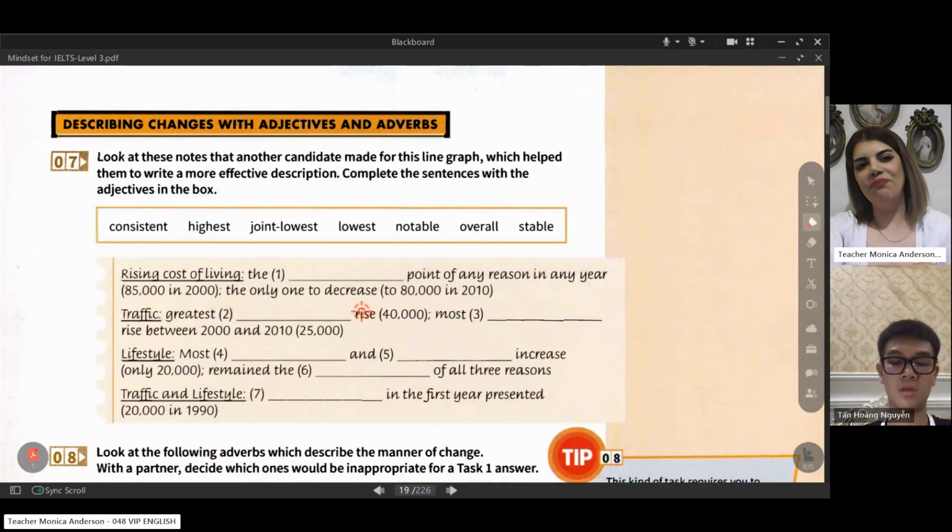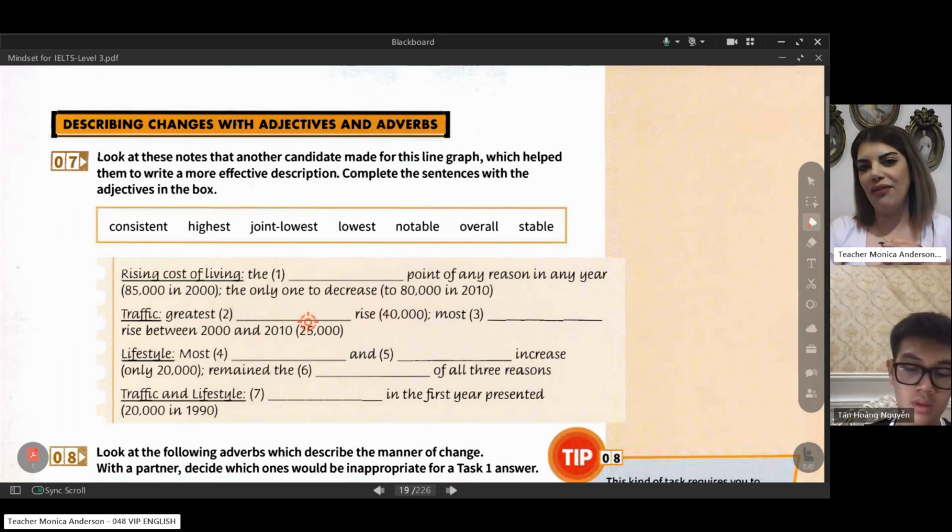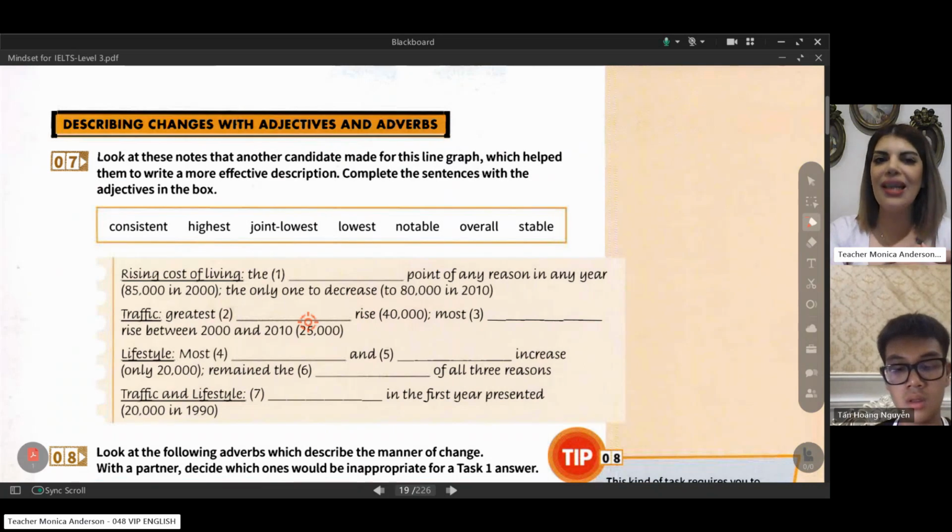Well, now look at these notes that another candidate made for this line graph, which helped them to write a more effective description. Complete the sentences with the adjectives in the box: consistent, highest, joint, lowest, notable, overall, stable.